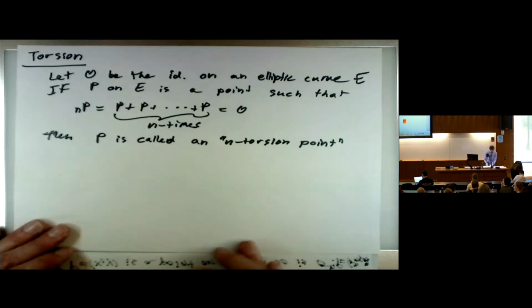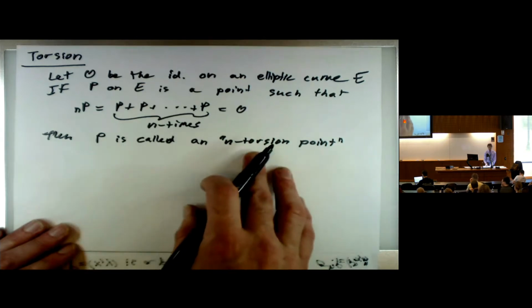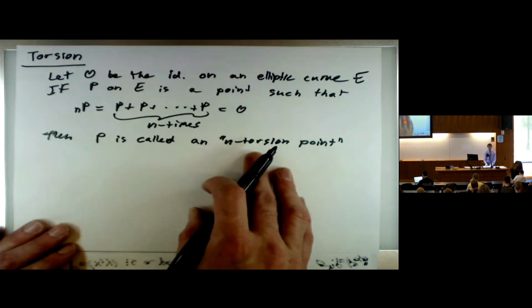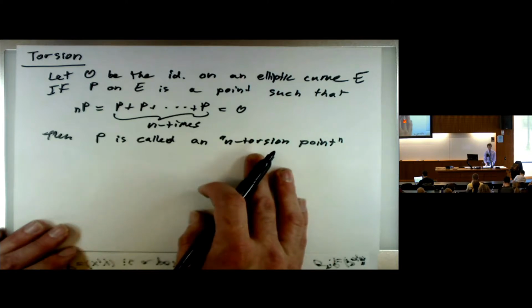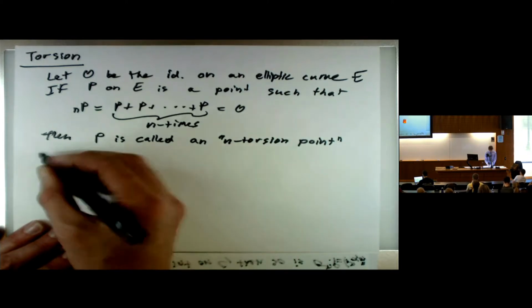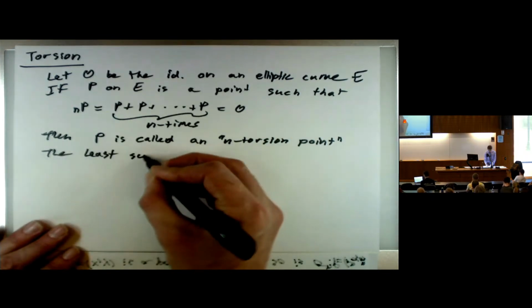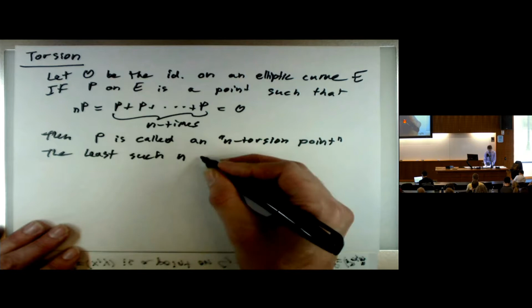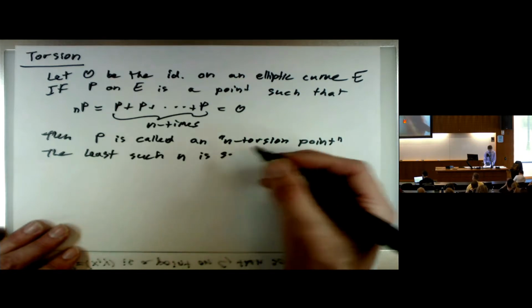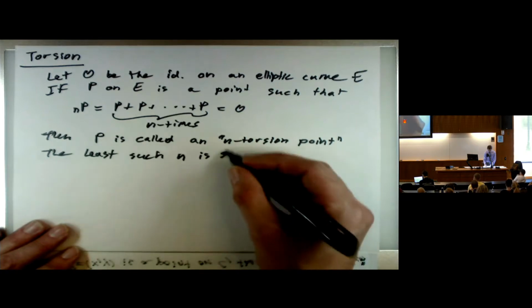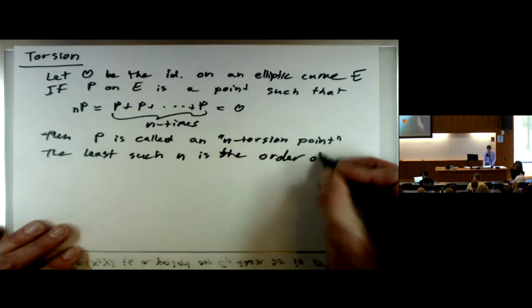But it's important to understand that this does not mean that the point has order n, of course, because n may not be the least. So the least such n is called the order of P. I mean, that's just the usual definition of the order of P.